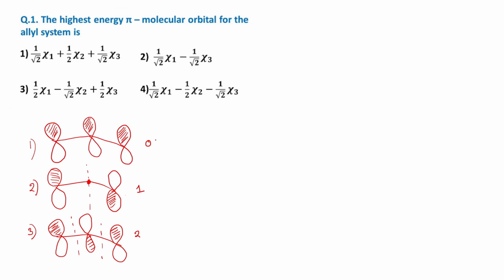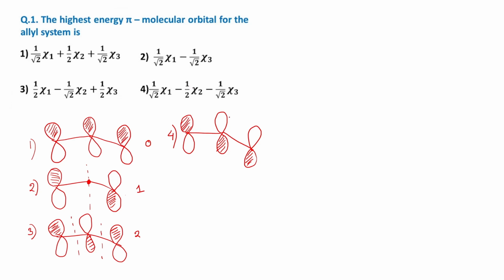What about the fourth? I'm drawing, but you think. This is the first p, which is positive. Then it is minus. So one node, and this is again similar, but actually the amplitude is different.